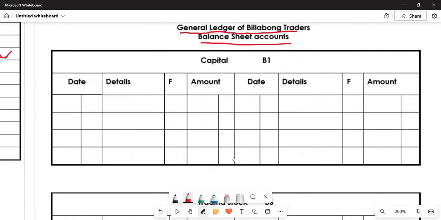So we are first going to start by the balances which affect our capital account. It has credit balance. So we have the date here, which is going to be March 2020. Let me write it this way.